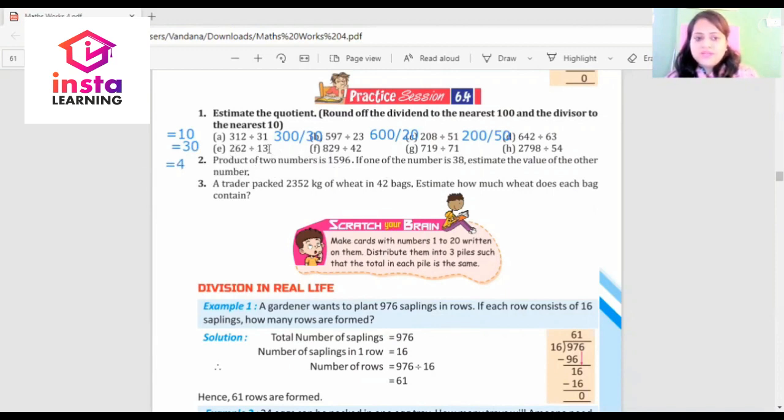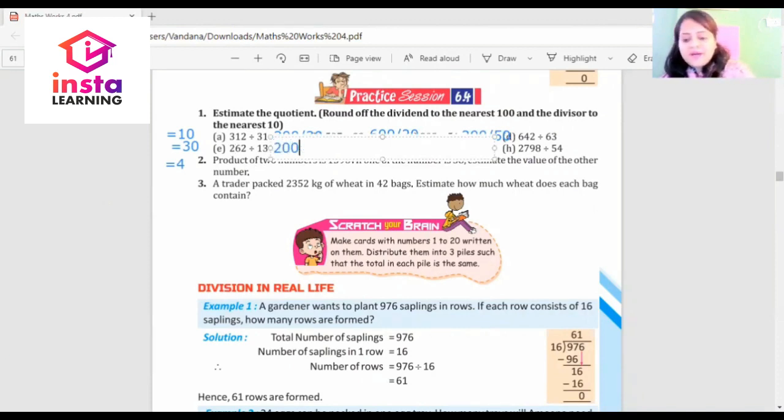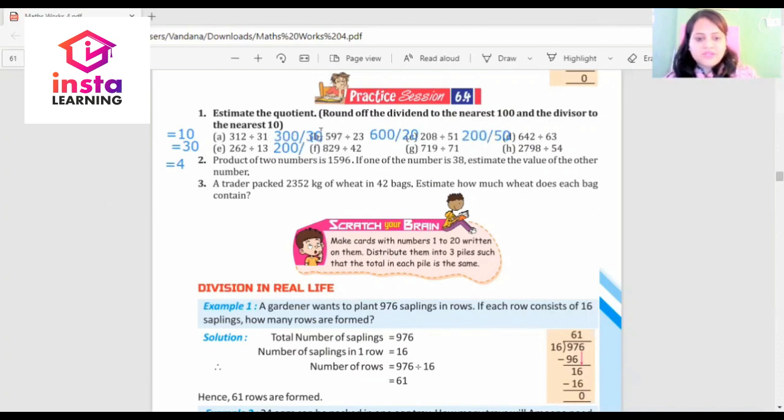Okay. 200, rounding off to the nearest 100, divided by 13, means 10. You have to write here 10 number. So round off to the nearest 10 first. So 200 divided by 10, answer is 20.